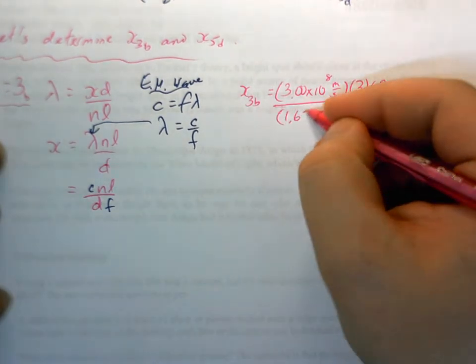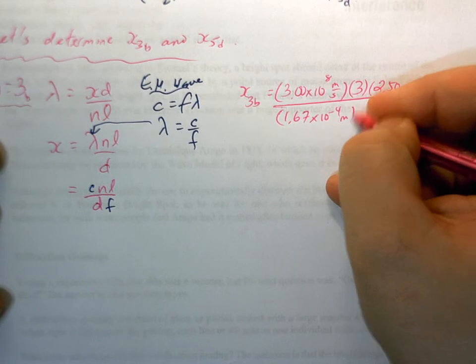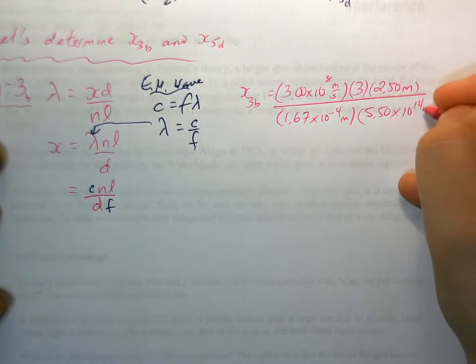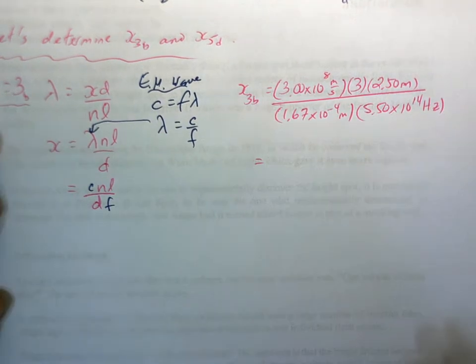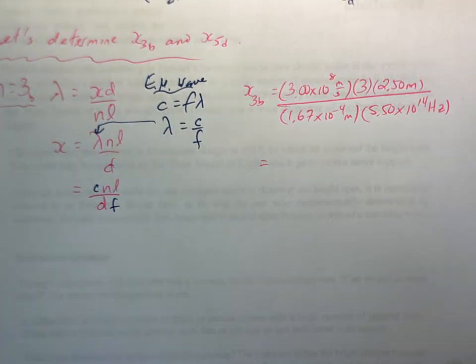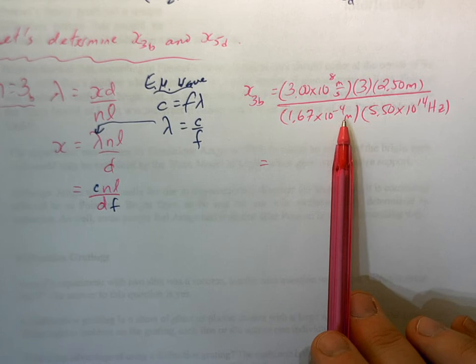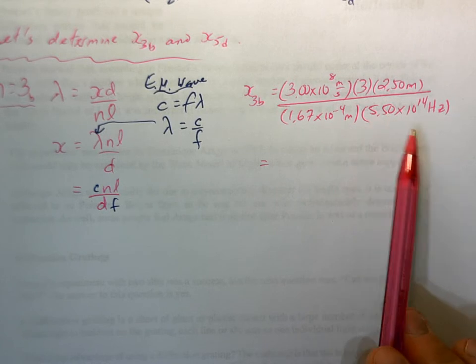We're told that's 1.67 times 10 to the minus 4 meters. And then lastly, we want the frequency of this light, which is 5.50 times 10 to the 14 hertz. So we got a lot of things in here. We want to make sure that we input this in the calculator very carefully. We don't want to make any careless mistakes. And because we have more than one number in the denominator, make sure that we bracket the entire denominator. Very important.